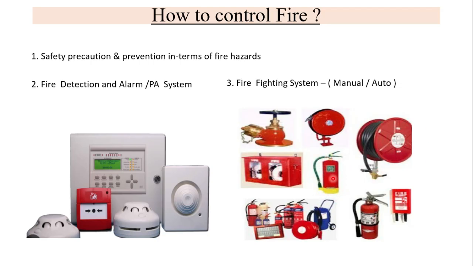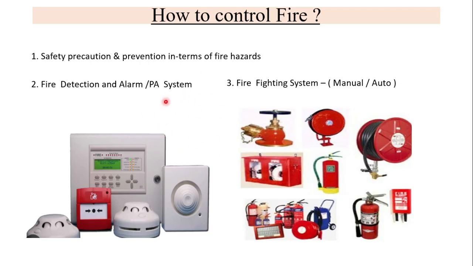Even in the auto system, there is a sprinkler. It works automatically, depending on the type. Suppose the red chemical sprinkler is there, if the temperature reaches around 68 degrees Celsius, then it will burst and extinguish the fire within around a 3 meter radius.